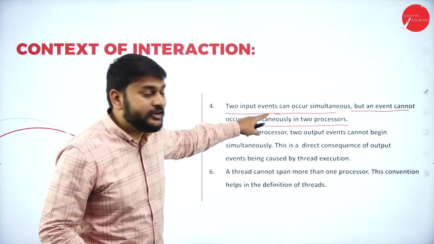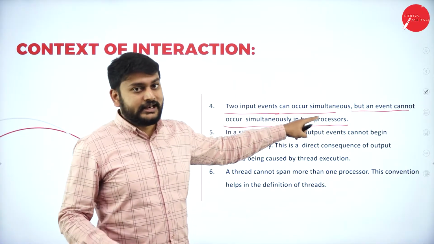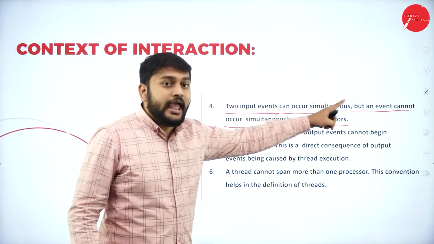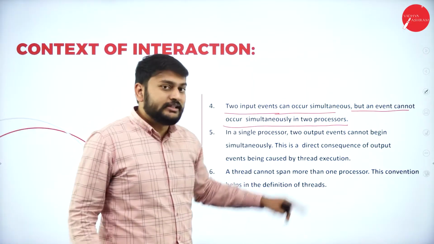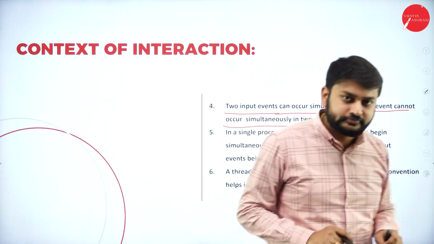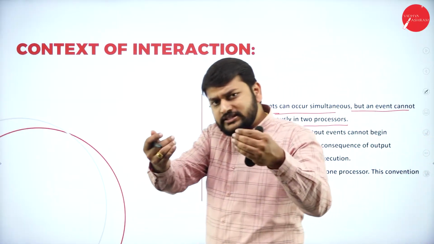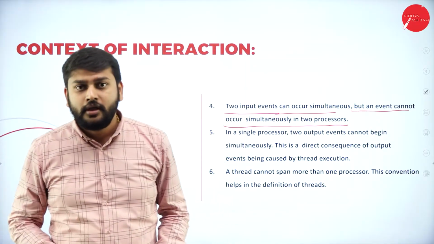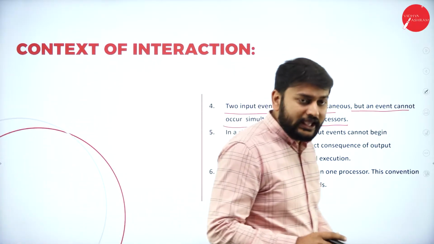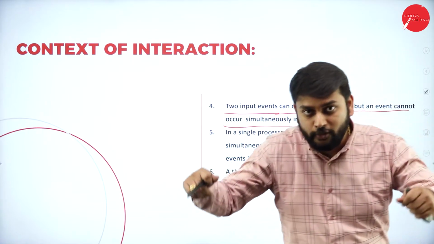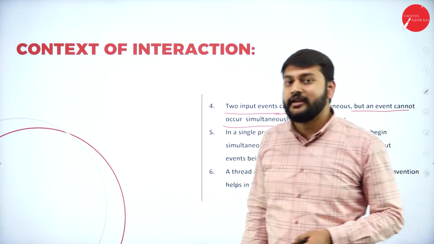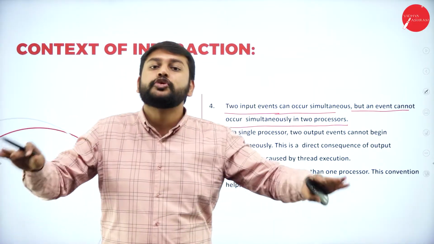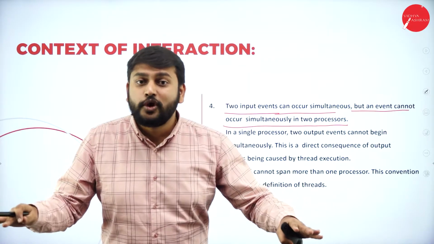Two input events are occurring simultaneously, but an event cannot occur simultaneously in two processors. Two bikes are coming for petrol. Yes, they are getting the petrol, but one bike cannot get the petrol from two petrol bunks, is what you need to understand. I cannot get the job done simultaneously by two processors. So that's what you need to remember.